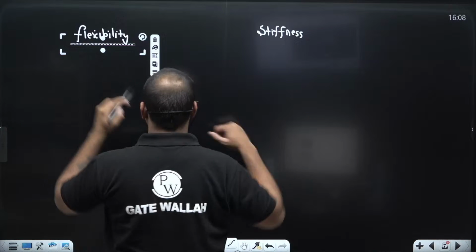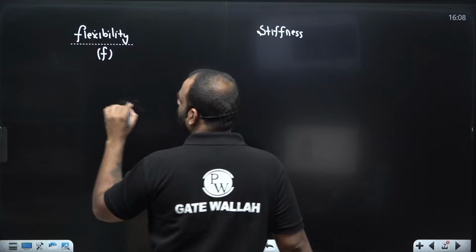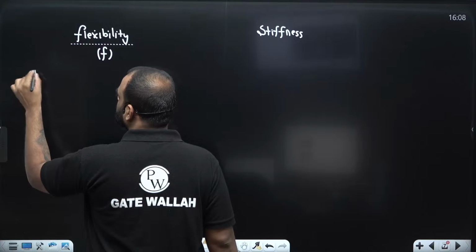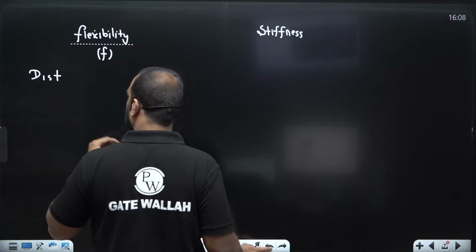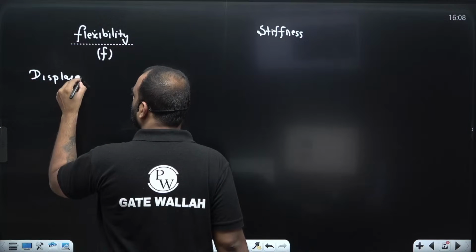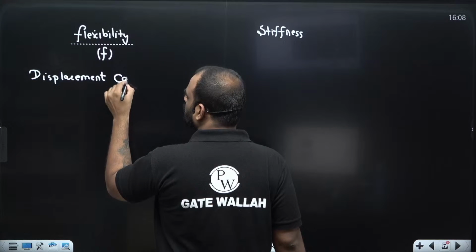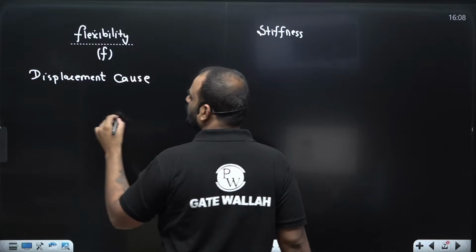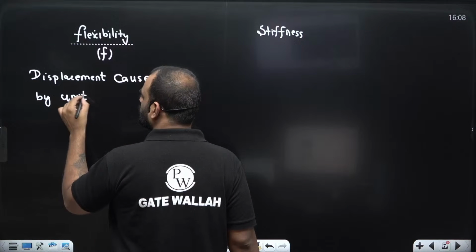Flexibility we can represent by F. It is the displacement caused by unit force.